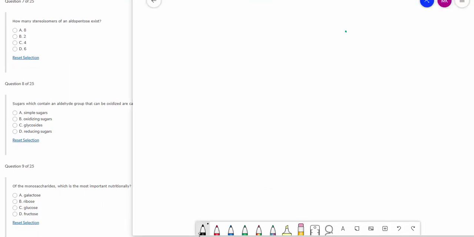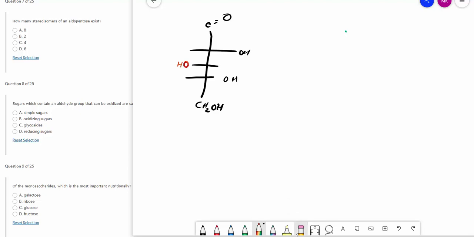Number 7, how many stereoisomers of aldopentose exist? Well, let's draw that real quick. So aldopentose looks like this. And we put all of our OHs over here. So that's 1. Now, if I take and put this OH over here, then there's 2. So if I put him back, and then I take this OH and put him over here, there's 3. So you see, all we have to do is keep doing this. And I kind of have a misnomer here.